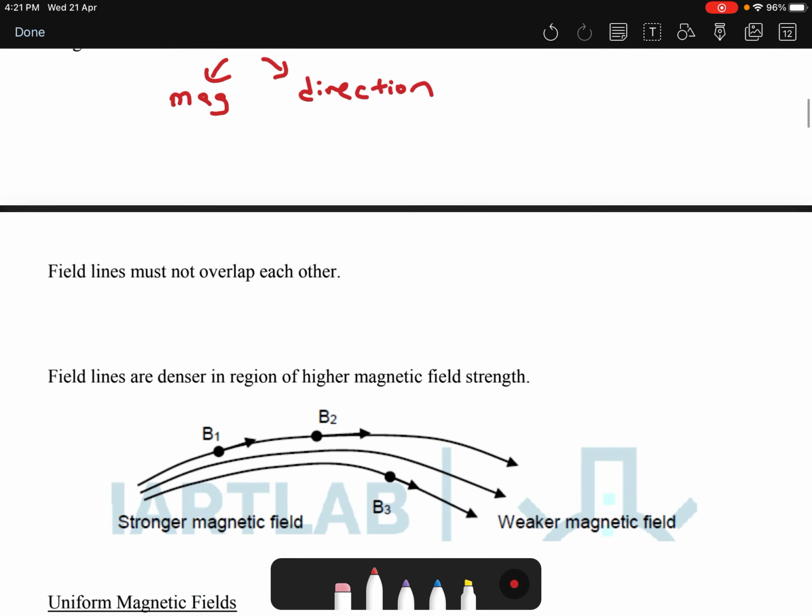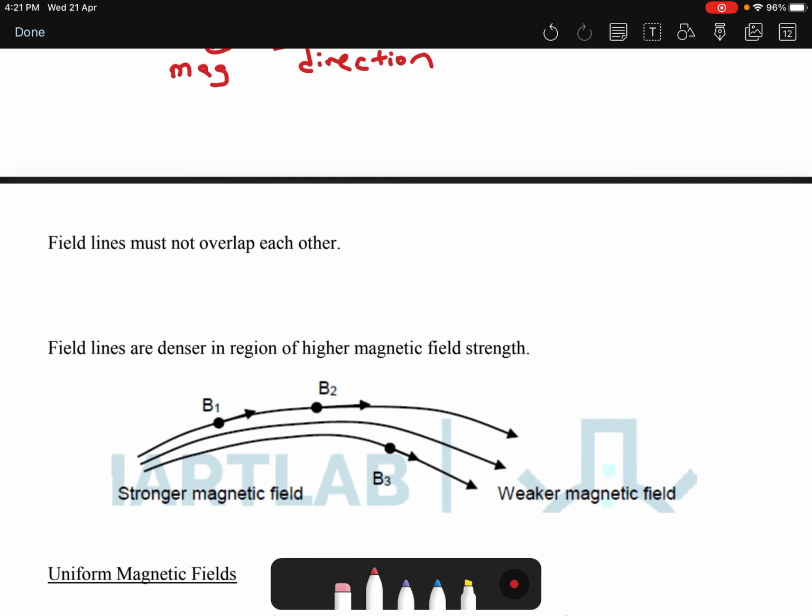Another thing is that field lines must not overlap each other. Be it your gravitational field lines, your electric field lines, or your magnetic field lines, they must not overlap each other. Why is that so? Let's say I have two field lines, the first pointing in this direction, the second pointing in this direction.